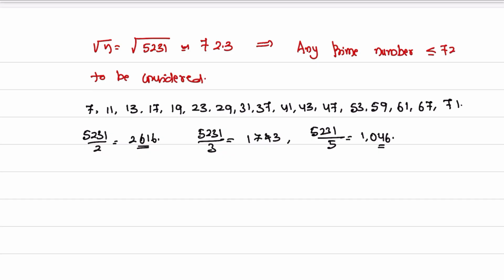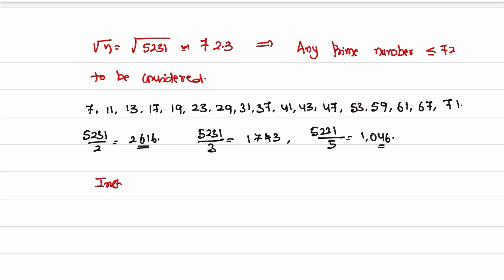That means almost we have checked only up to factor 5. That means there are 1046 numbers left over between this factor and 5231. Instead of checking the 1046 numbers, we are checking only with 17 numbers and finalizing whether the particular number is prime or not. Please try to understand.